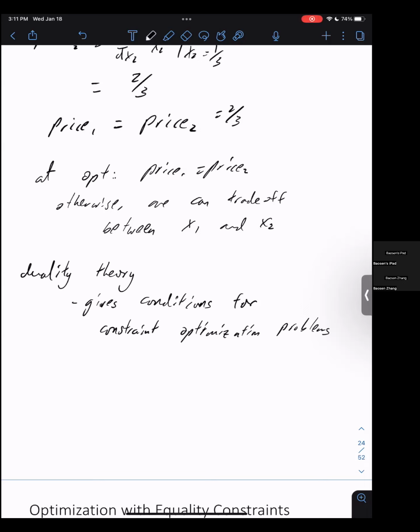So duality theory says you really should not think of a constrained optimization problem as substituting one variable for other variables. We should think of it as introducing some new variables to turn it into an unconstrained problem. Then you can draw conclusions based on the new variables you include. Okay? Right, so let's take a 5-minute break.